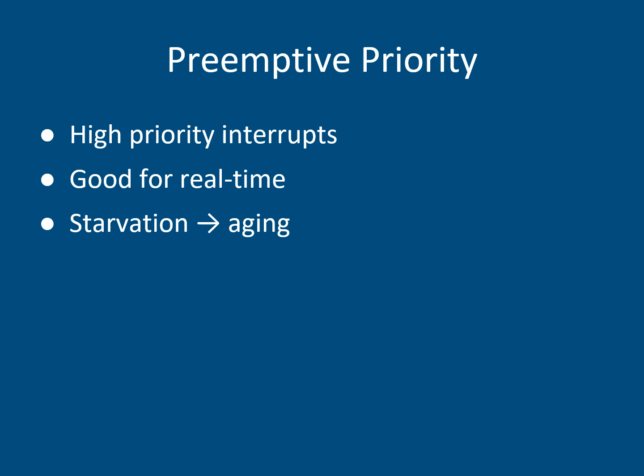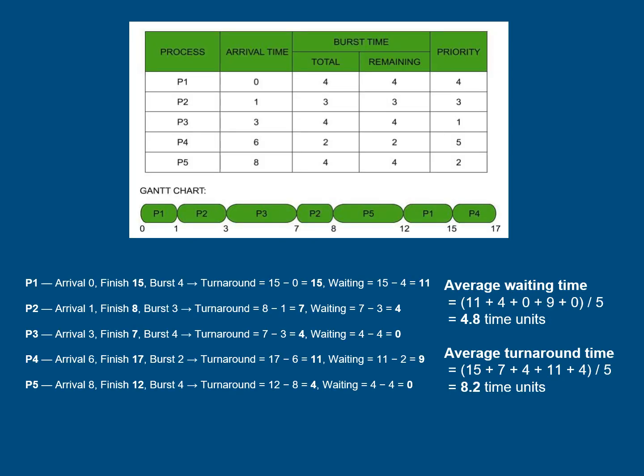Next is preemptive priority scheduling. When a new job arrives with higher priority, it interrupts the currently running job. The Gantt chart shows several preemptions and resumed executions. From the finish times, we compute turnaround time and waiting time for each process.